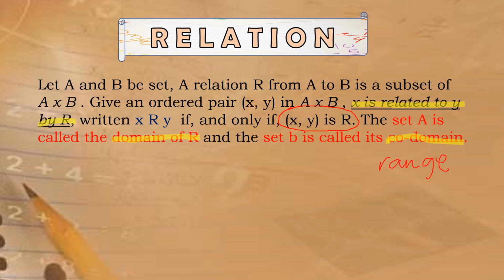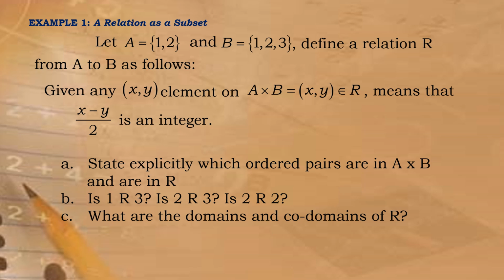Okay, let's take a look at this example. Example number 1. This is about a relation as a subset. We have here the given, which is set A, whose elements are 1 and 2, and set B, whose elements are 1, 2, and 3. Define a relation R from A to B as follows. This is the condition.